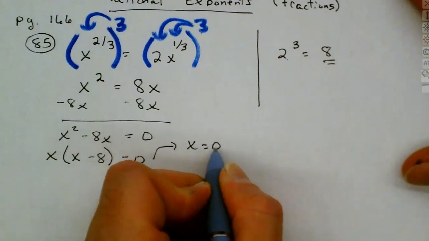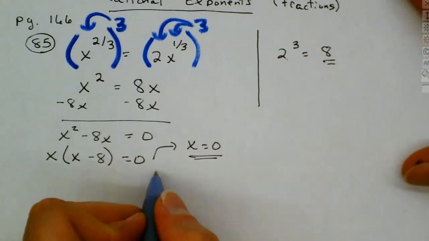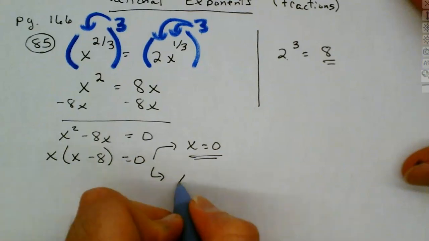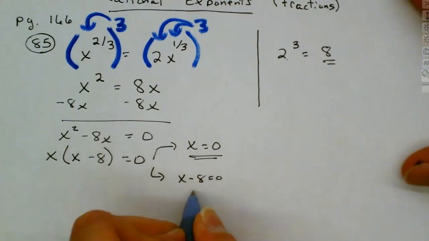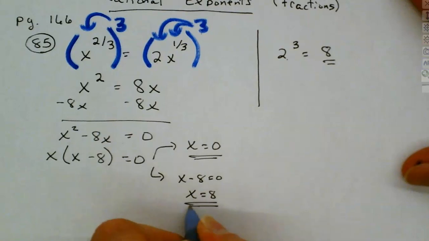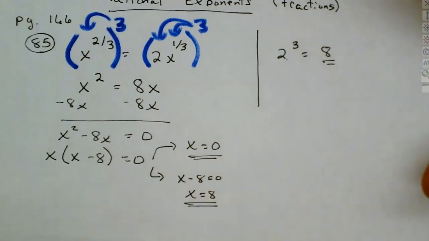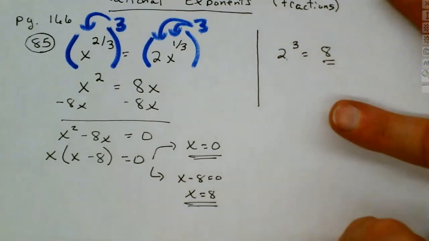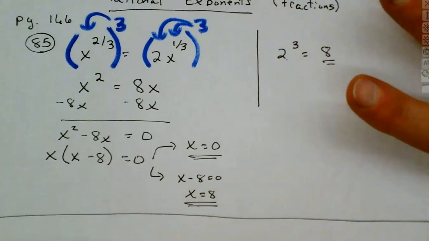One of them is x equals 0. What's the other one going to be? Yep, x minus 8 equals 0, and x equals 8. And you do not need to check these. You only have to check the square roots. So these are not square roots, so we do not have to check them.